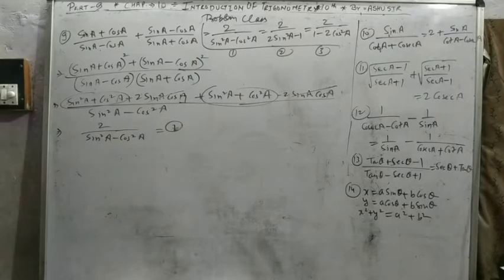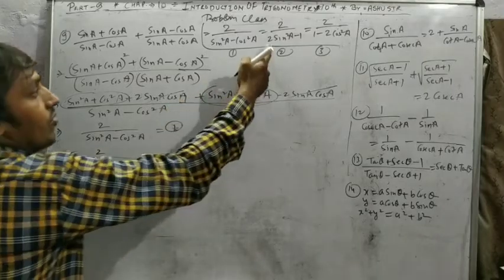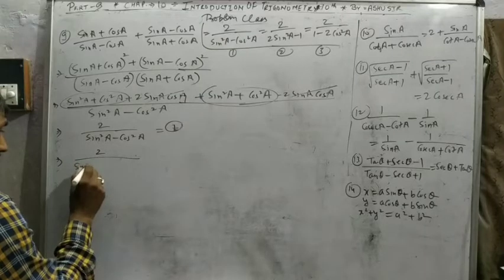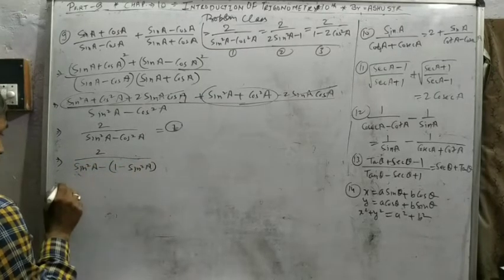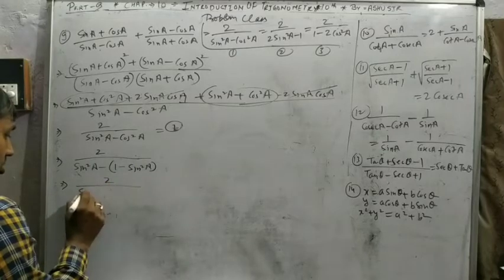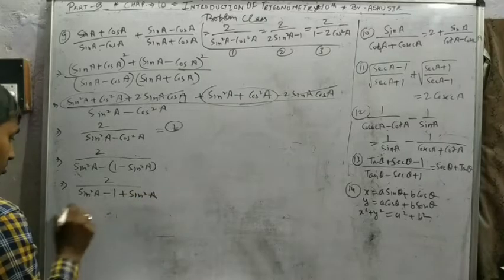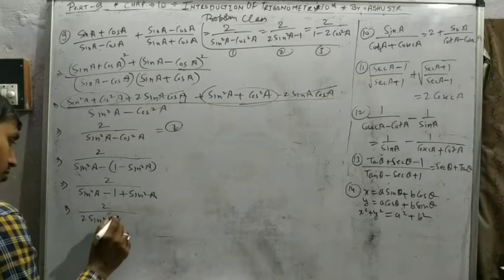And from this we get the second part and third part. From the second part we want sin, not cos. So change to 1 minus sin square A. Sin square A minus 1 minus sin square A, so 2 upon 2 sin square A minus 1.